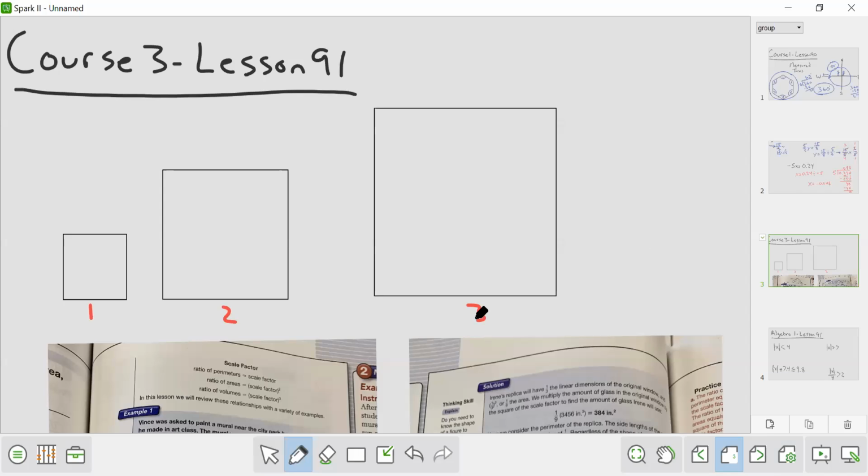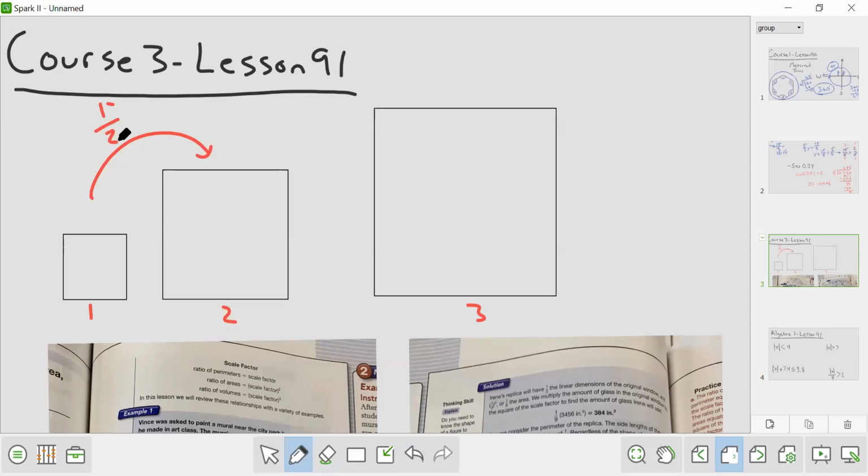And so the scale factor from this one to this one is 1 to 2. The scale factor is 1 to 2, all right?